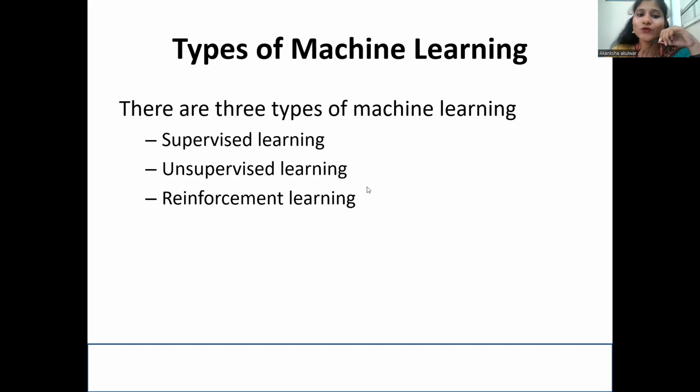Now, what is reinforcement learning? Reinforcement learning is what we call feedback type of learning. It is not a supervised kind of learning. That means the data is not labeled, but sometimes it can be labeled also. It is not compulsory that it should be supervised or unsupervised.